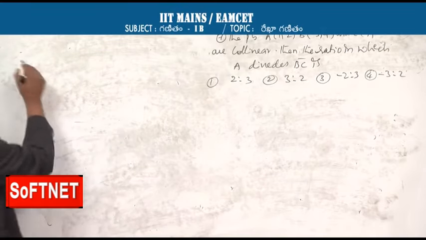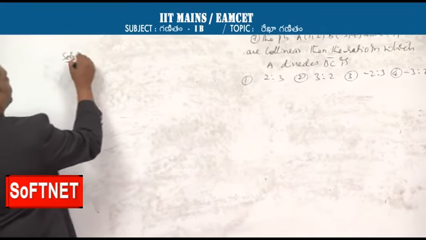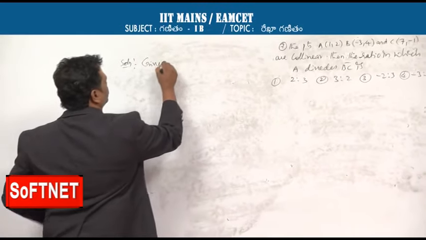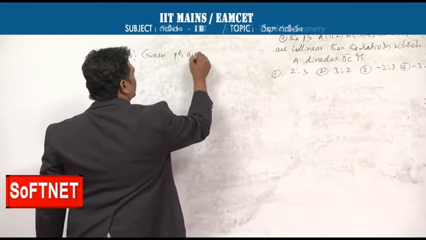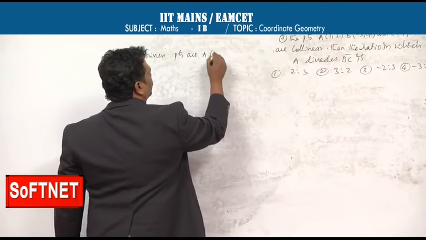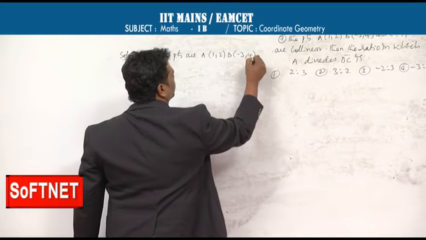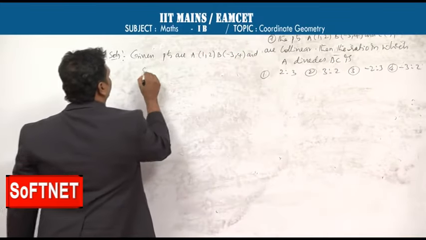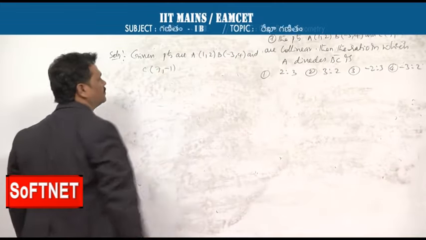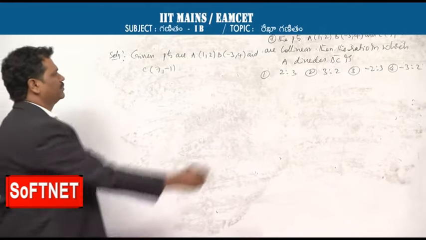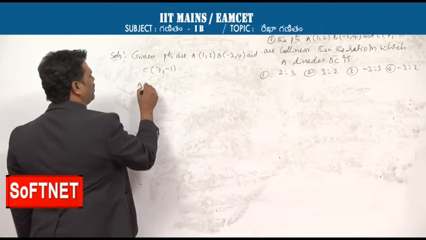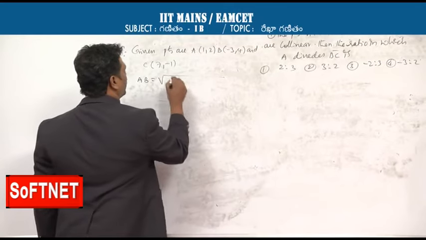Very easily that one. So the solution: given points are A(1, 2), B(-3, 4) and C(7, -1). Now we have to find the AB distance. AB equals the square root of (x2 - x1) whole squared.